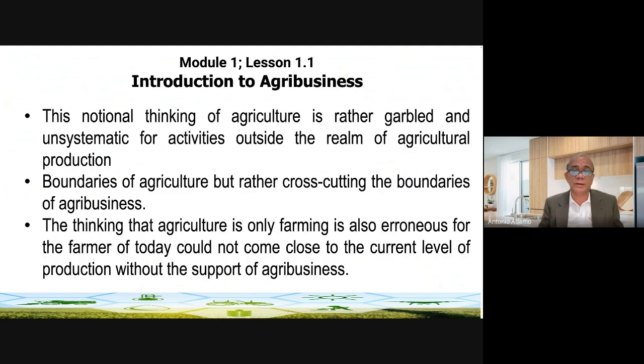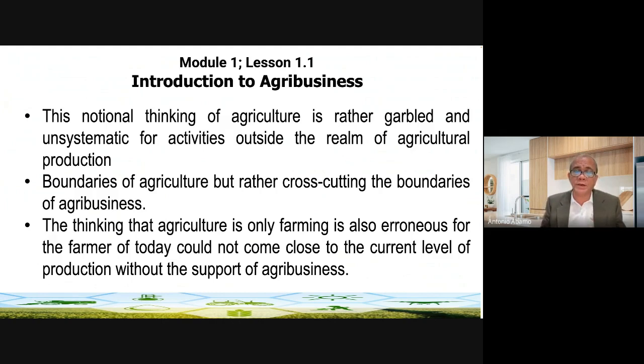Firstly, as an introduction, there is that notional concept that agriculture is rather garbled and systematic for activities outside the realm of agricultural production. In other words, if this is agricultural production, there are a lot of other things that also provide influencing and intervening factors to the realm of agricultural production.